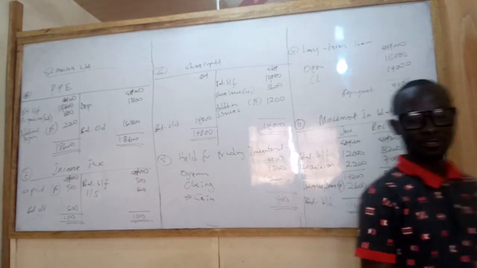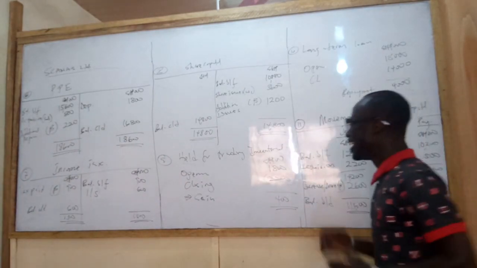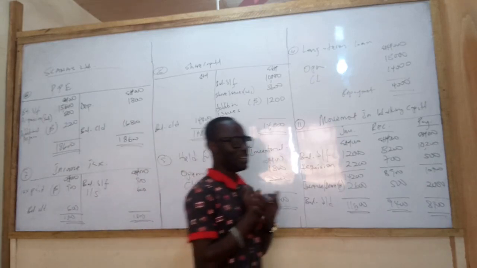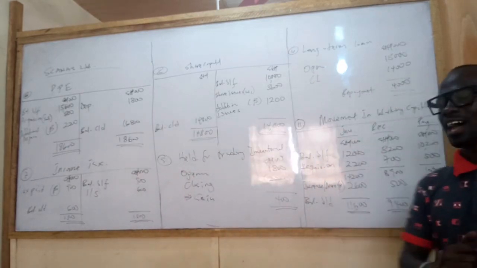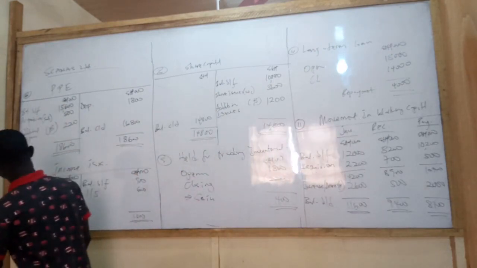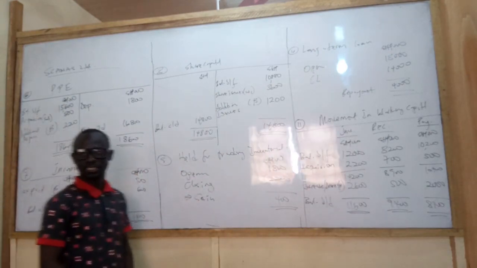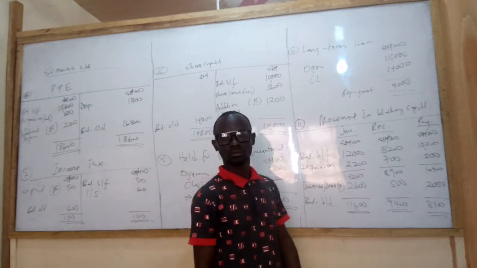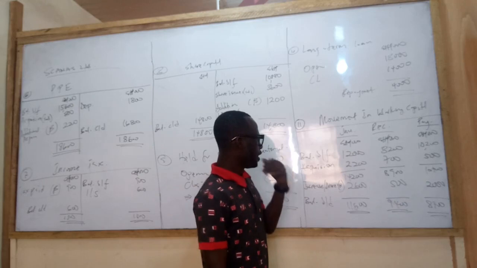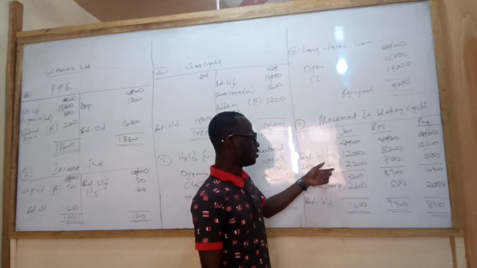So you can put it down. And the workings will follow like this now in the exam hall. Aisha, can you show this one on the face of the cash flow? Yes, you can show it.